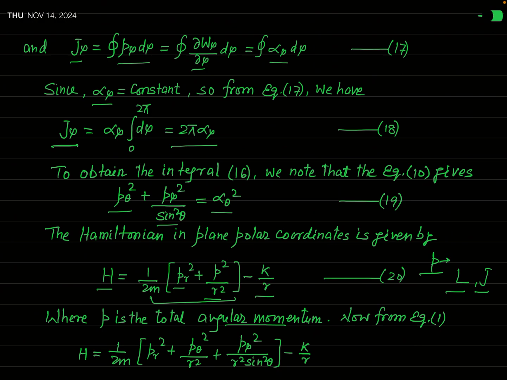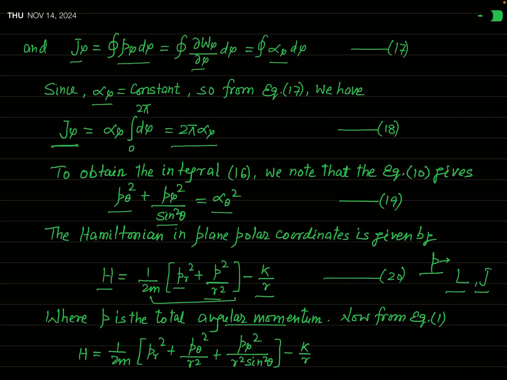That's why I have not used such a symbol for the angular momentum. Instead, this total angular momentum has been denoted by the symbol p. When you write p r, p theta, p phi, those are linear momenta, but p denotes the total angular momentum.